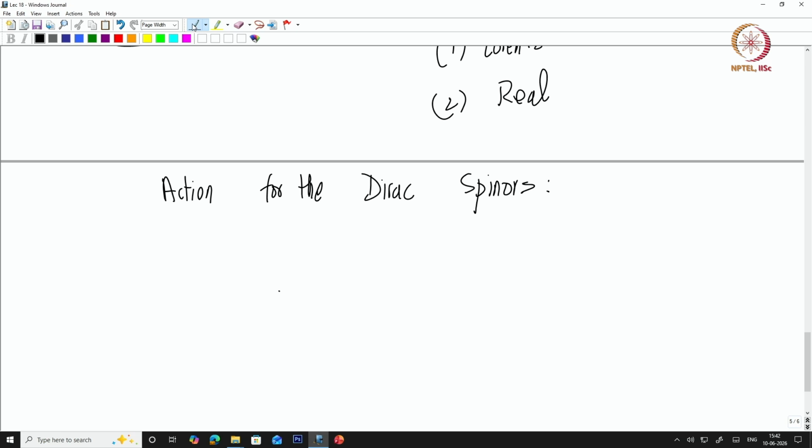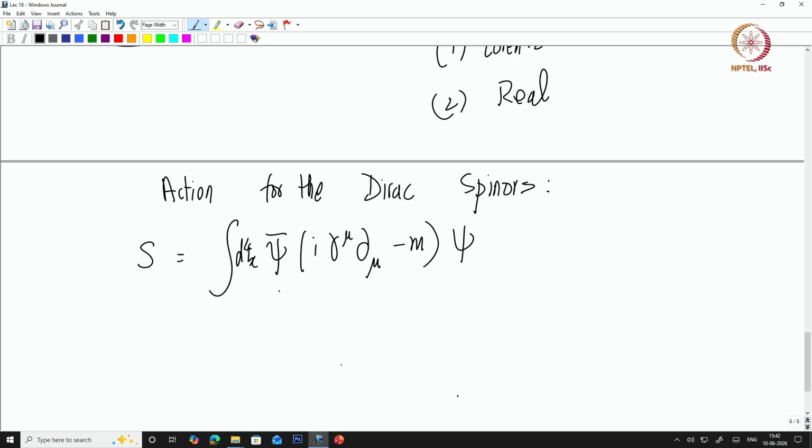Suppose I write the first term: psi bar i gamma mu del mu minus m psi. So, this is the Lagrangian, and the action is the integral of d4x of this, with psi of x. Now you see how I wrote the Dirac action.